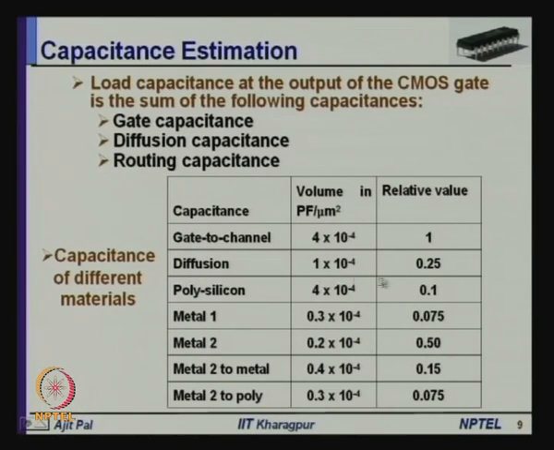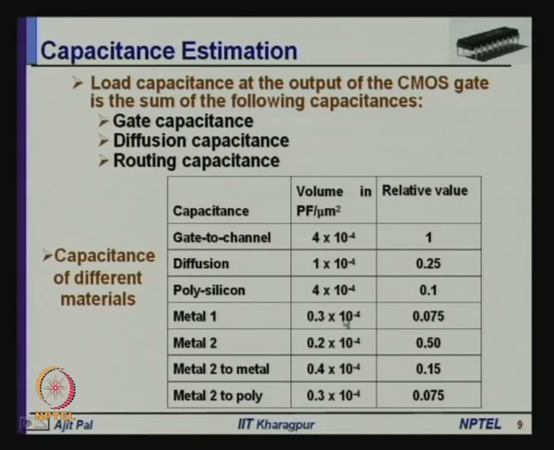Then the diffusion layer has 1/4 the capacitance compared to gate channel. So, that means gate to channel has the maximum capacitance compared to other regions. The diffusion layer has 1/4 capacitance per micron square, then polysilicon has 0.1, 1/10 of that of the gate capacitance.